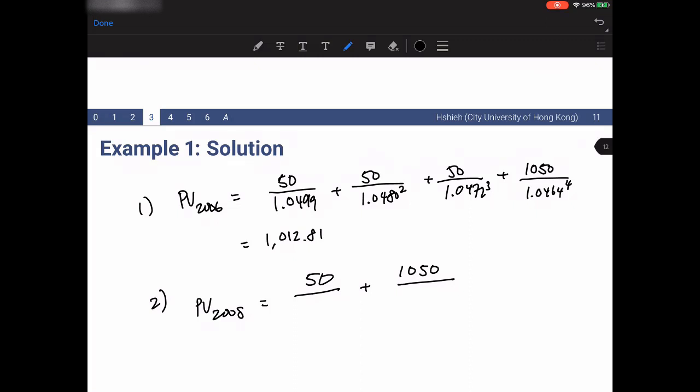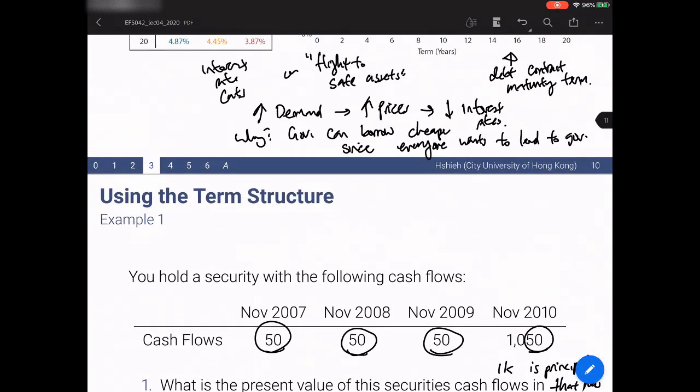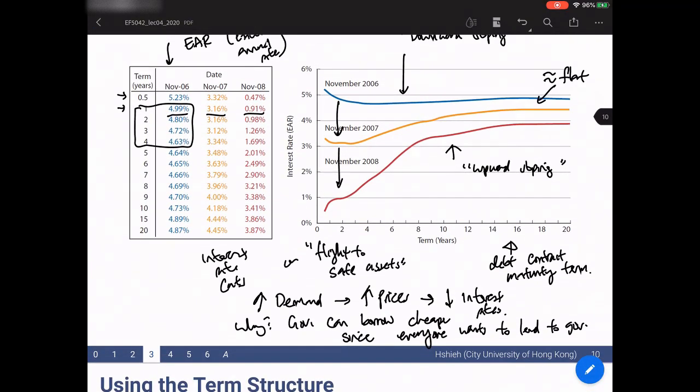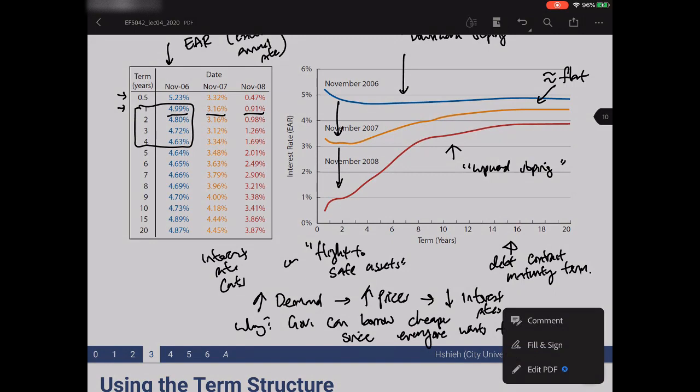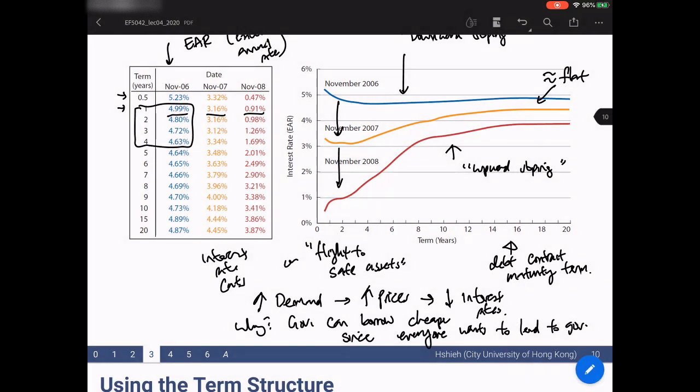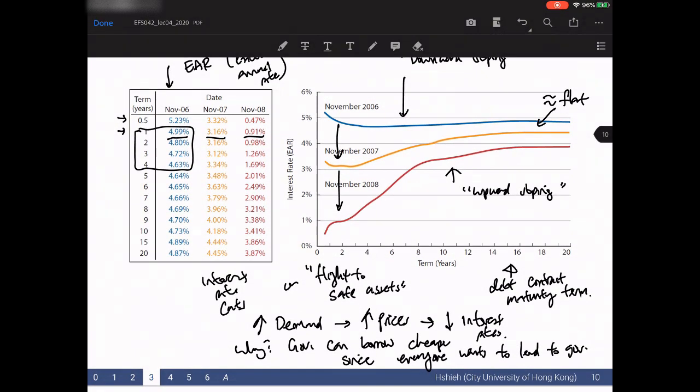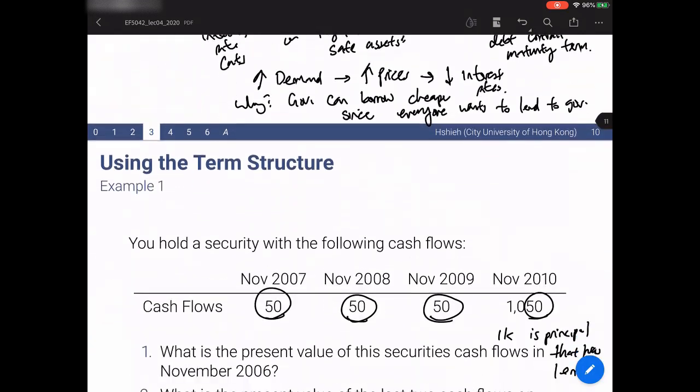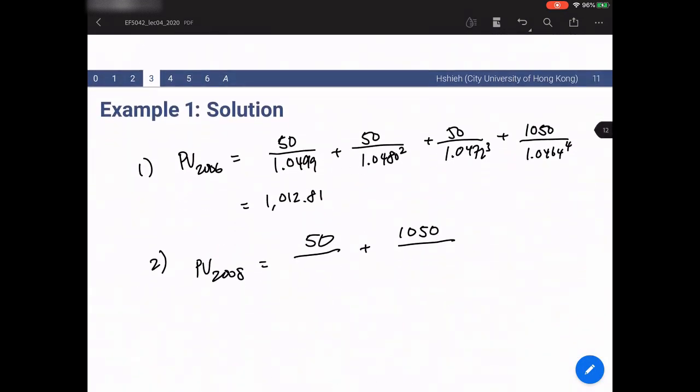So for 2008, we go back to our table, and since our security matures in 2010, we only had to look at 2 years out. So there's only two numbers we have to care about, which is 0.91% and 0.98%. So we're going to use these two numbers to discount the last two payments, cash flow payments of our security.